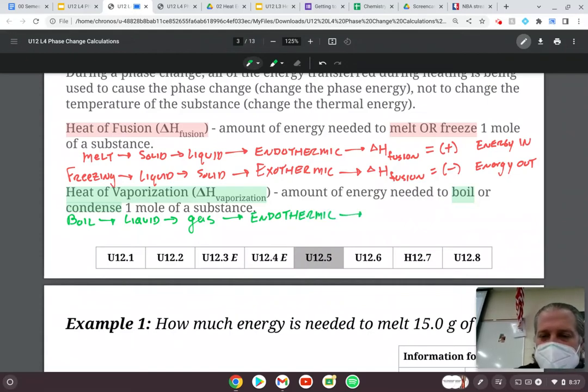And so that delta H, the heat of vaporization, will be a positive value, and again, energy in.